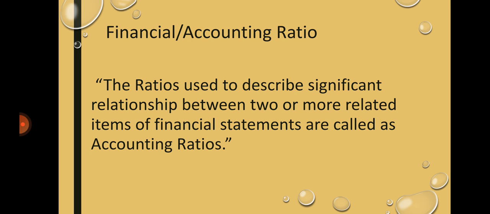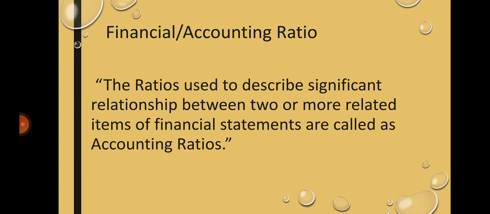The ratios used to describe significant relationships between two or more related items of financial statements are called accounting ratios. So the mathematical expression of the relation between one item of a financial statement and another item of a financial statement is called an accounting ratio or financial ratio.